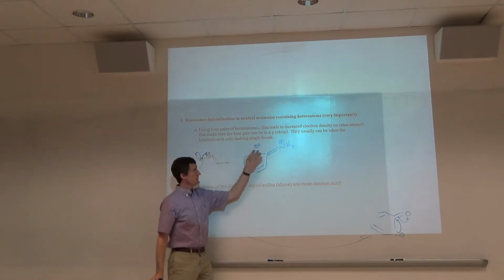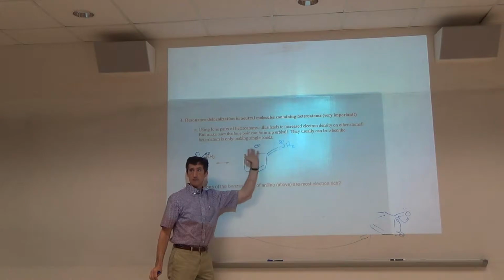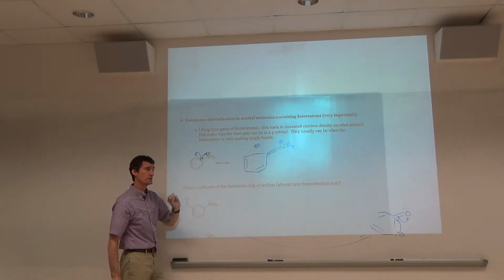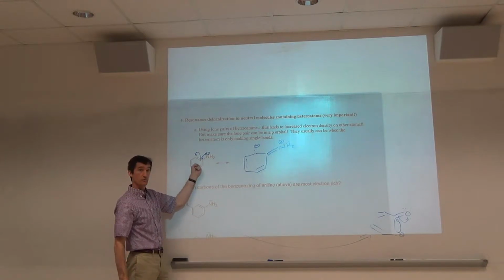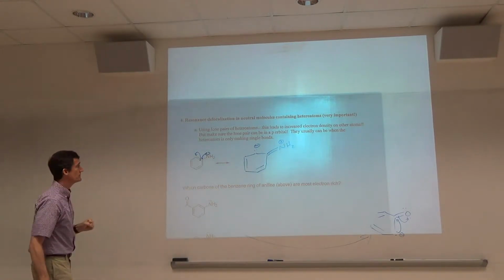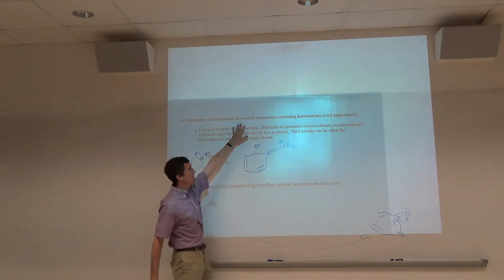Here, resonance is going to create polarization, charge. But we know all resonance structures have the same net charge. This is net neutral. Well, that's got to be net neutral. We're dealing with neutral molecules here.